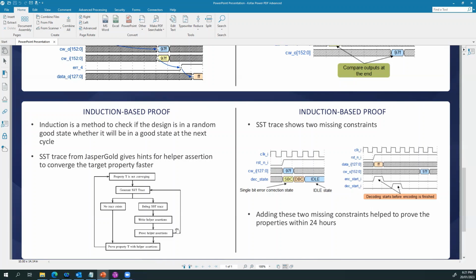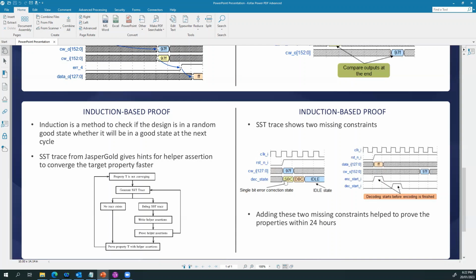Once these helper assertions are proved, they will be implicitly assumed by the tool. And this will help the target property T to prove much faster, considering the helper assertions that we provided.